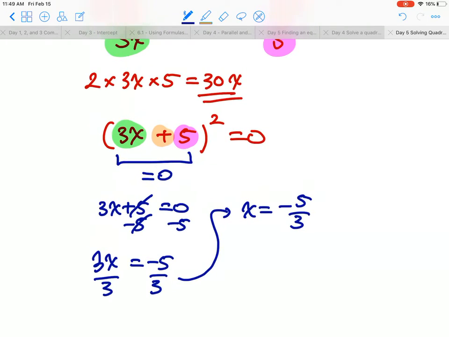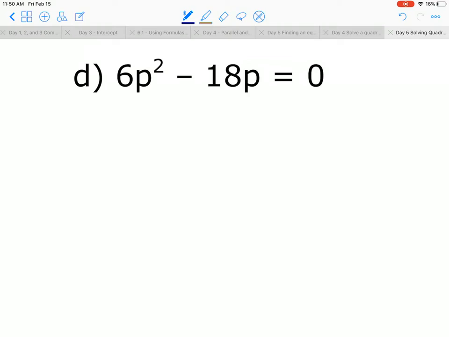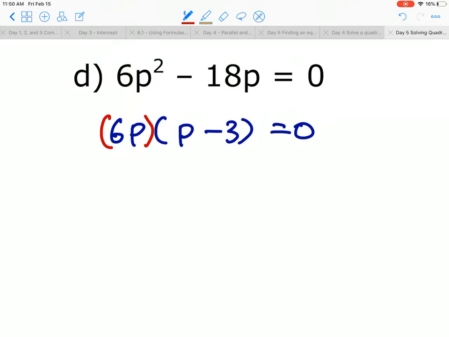And we just did it by factoring it, right? Now same thing for d. Is there a common factor? Yes, there is, which is 6p. So it will be 6p times p minus 3 equals 0. Now we don't have to worry about the 6, but we need to worry about the p. So what I'm going to do is put brackets around the 6p, since it's just sitting alone outside on its own, with no other numbers attached as an addition or subtraction.